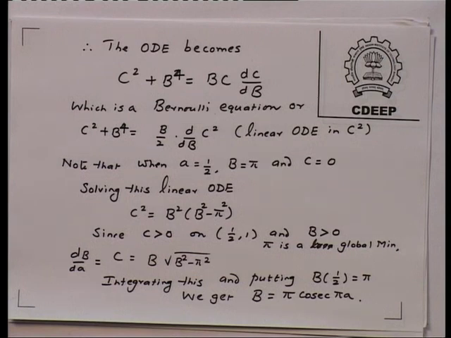So, c is finally b root b squared minus pi squared, but what is c? dB by dA, a variable separable equation. You have an initial condition at half. So, you can solve it.